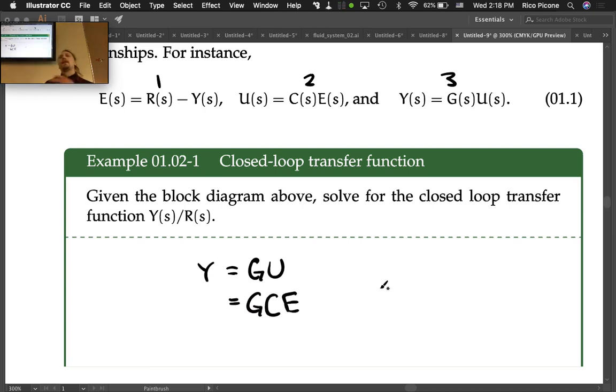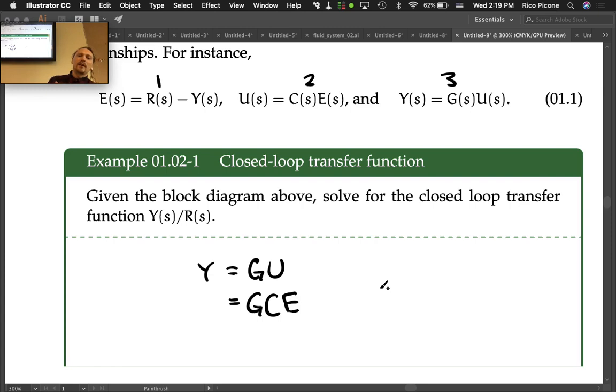Now, let's take a breath here and think, okay, we're just plugging stuff into algebraic equations. We're looking for Y over R. We think we're probably going to have to use all these equations to describe that relationship. Generally speaking, we want an equation that has just Y in it and R in it and transfer functions, right? So C and G are okay to have in there, but we don't want E in there, and we don't want U in there.